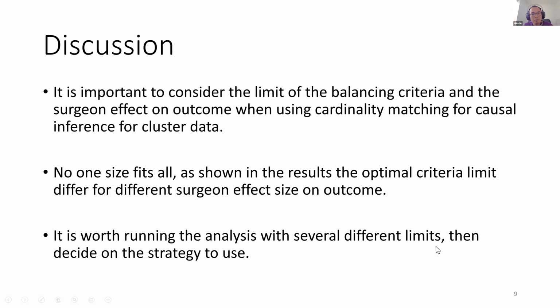What I found is that the best limit very much depends on the surgeon effect size on outcome. And I think when you apply this cardinality matching method in real world analysis, it's just worth testing several different limits, then deciding on the strategy to use, as the best strategy varies with your data set.